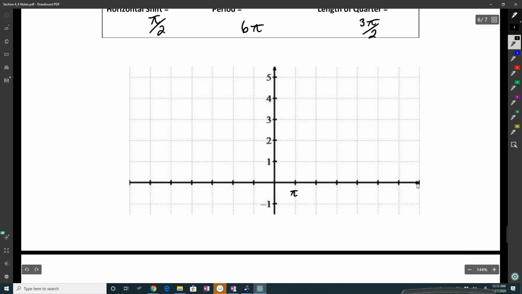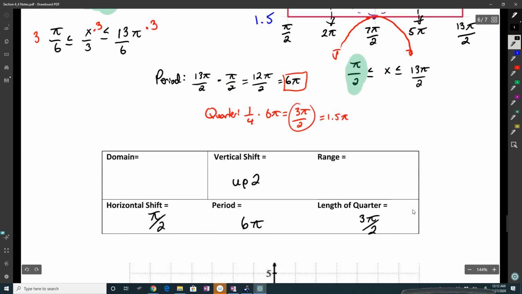This is pi, 2 pi, 3 pi, 4 pi, 5 pi, 6 pi. Negative pi, negative 2 pi, negative 3 pi, negative 4 pi, negative 5 pi, negative 6 pi. All right, so my box is going to look a little different.